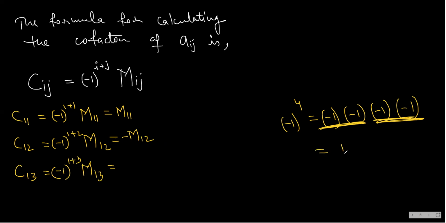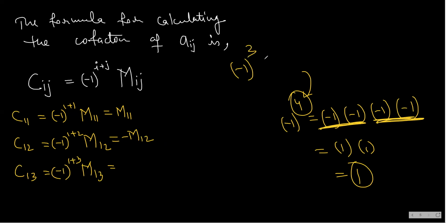Minus 1 into minus 1 is plus 1, then again plus 1, so 1 into 1 is 1. So if I have negative 1 to an even power, I will get plus 1. If I have negative 1 to an odd power, I will get minus 1. This I must understand.